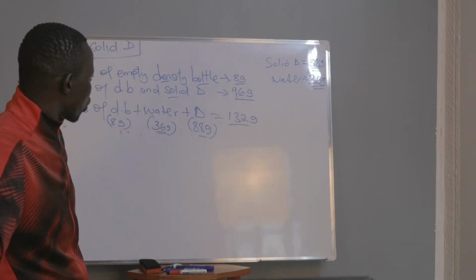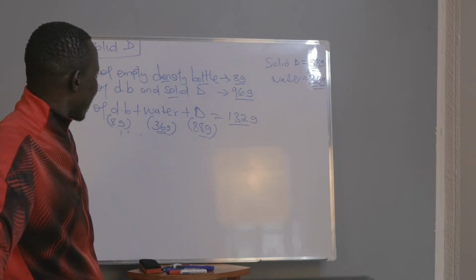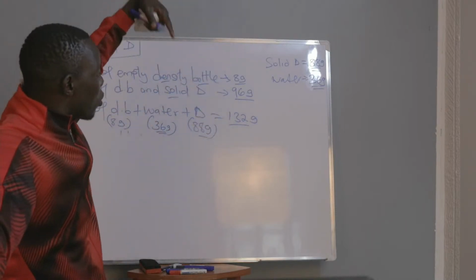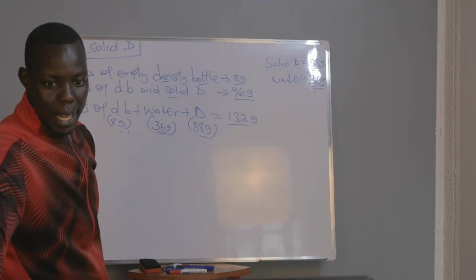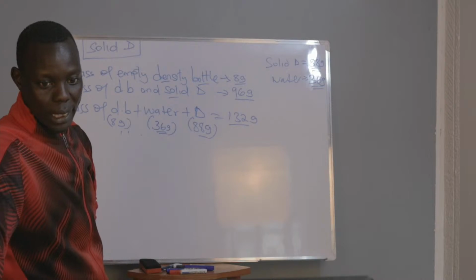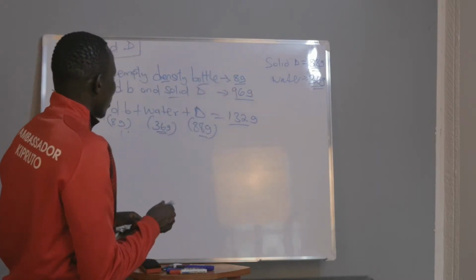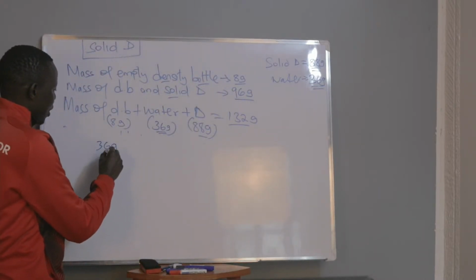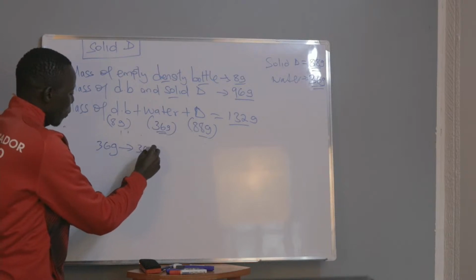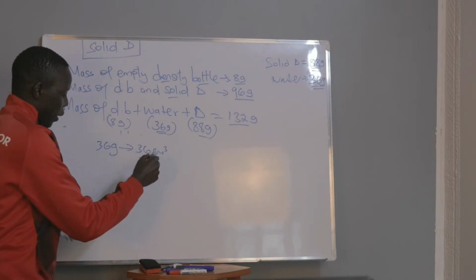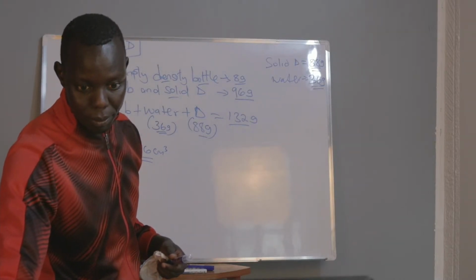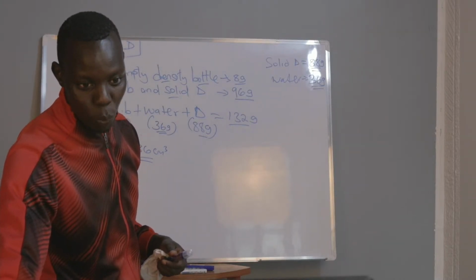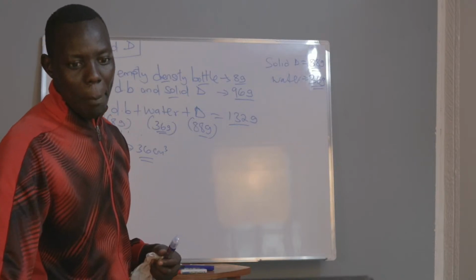Tell me now, because we are supposed to get the volume of the density bottle, and then in that volume of the density bottle, we remove the volume of water, because if the mass of water is 36 grams, automatically it is going to be 36 centimeters cubic. So the first question that we are being asked here is this. From the information we have, the first question is mass of water.